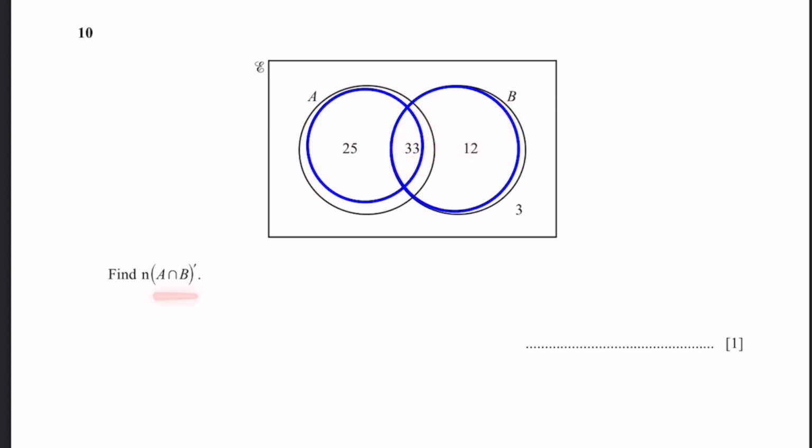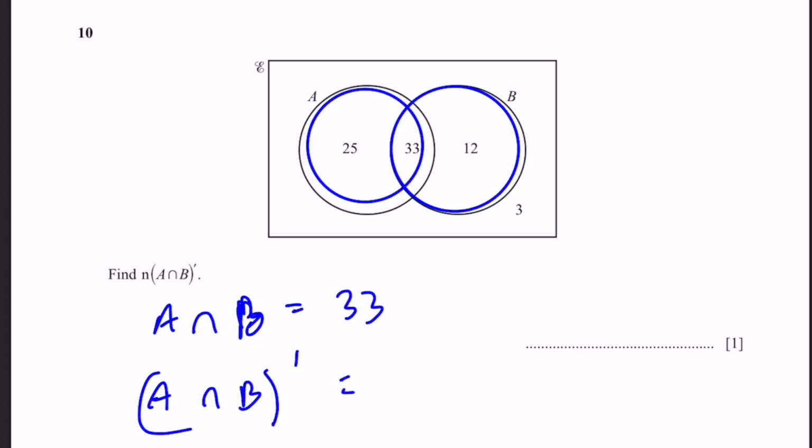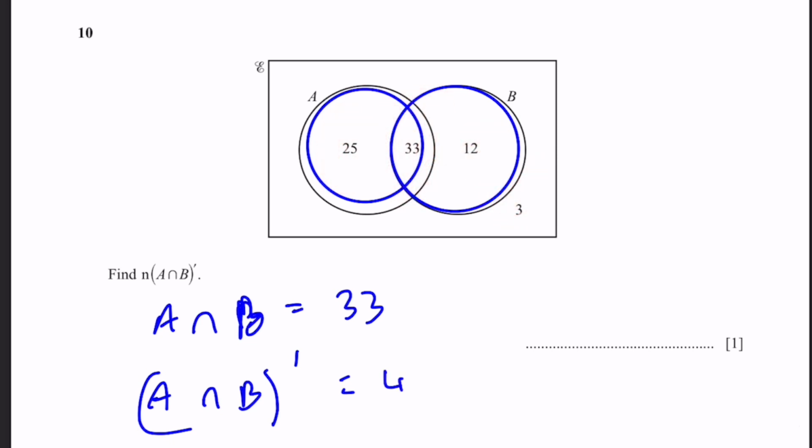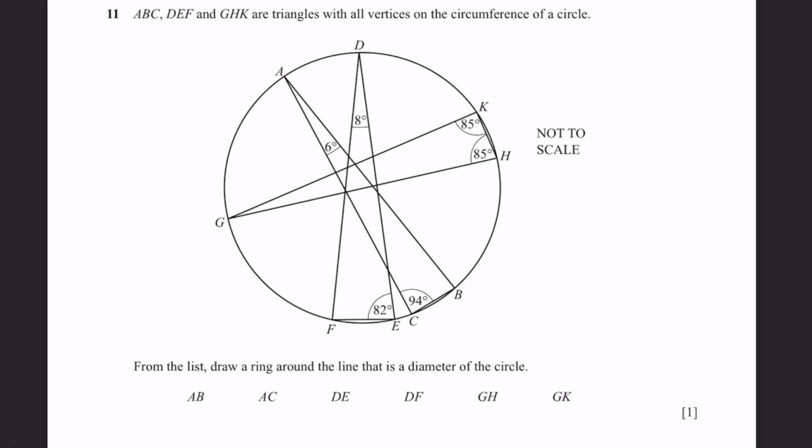So A intersection B is equal to 33 because 33 is actually in both the circles for A and B. Now, (A intersection B) prime will be everything outside this part. So 25 plus 12 plus 3, which becomes 40. That's the answer.